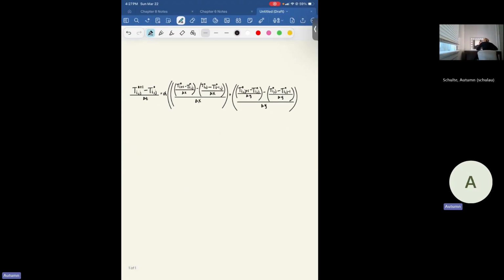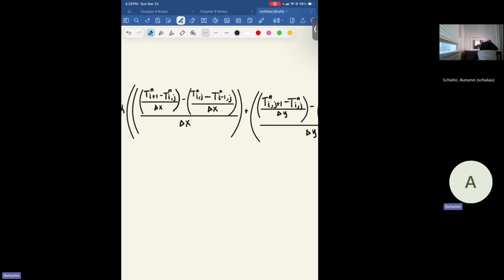Now this is our very, very long equation that we have. And to simplify this, I'm going to say that our delta x is equal to our delta y, which we're just going to make as delta.